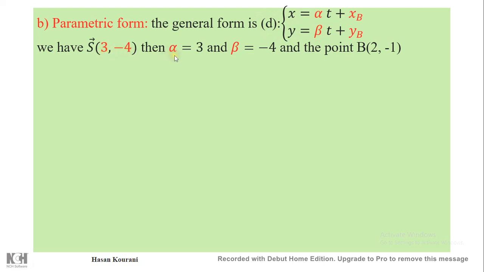So alpha will be 3 and beta will be -4. Just plug these values here and these values here to get a parametric equation. It's so direct. Here the parameter is called t.